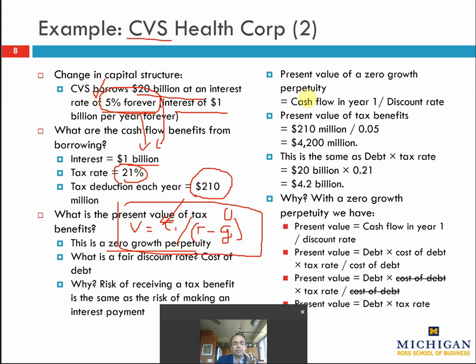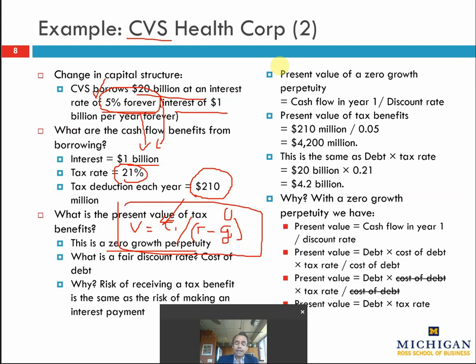If I take on this debt via the borrowing project, I want to value the extra cash flow I get from that debt. The money coming in from the lenders is the same in present value terms as the money going out via interest payments. $20 billion came in and we use it to pay a special dividend. The present value of the interest payments going out is also $20 billion. So that's a wash.